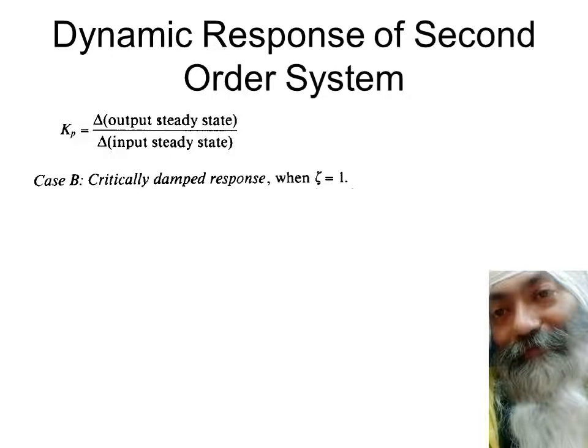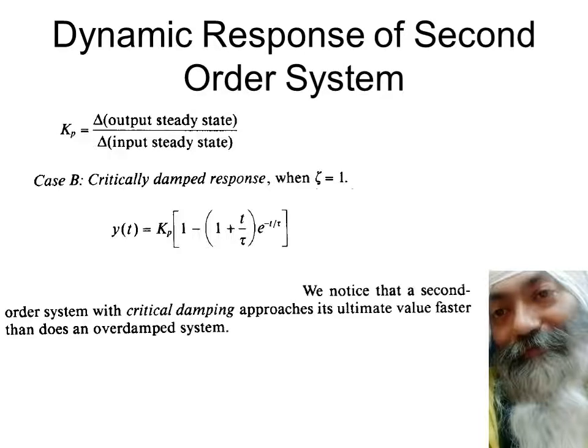The second case is when zeta is equal to 1. It's critically damped, and in that case the output is given by this expression. We notice that the second order system with critical damping approaches its ultimate value faster than an overdamped system. Critically damped means that a little less damping and it will start oscillating.